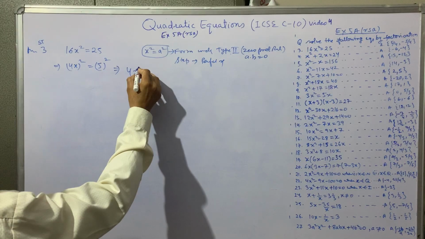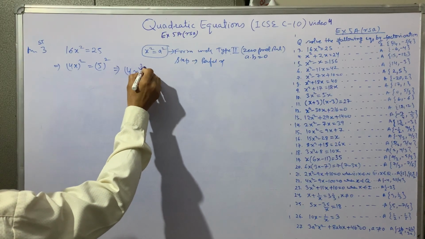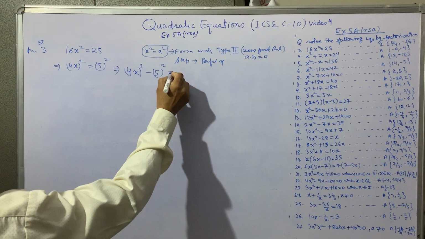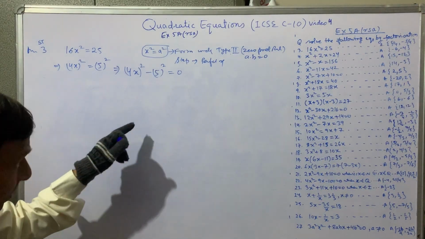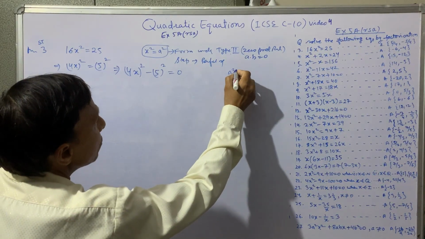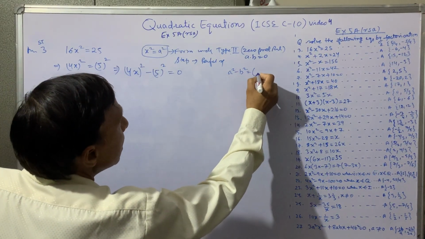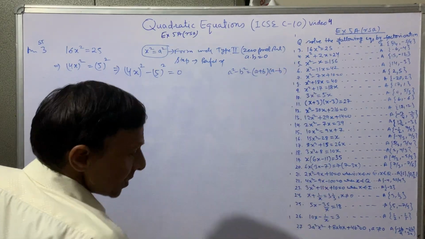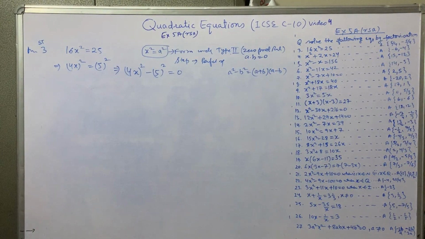So 4x whole square minus 5 whole square is equal to 0. This becomes the a square minus b square form, which gives a plus b and a minus b.